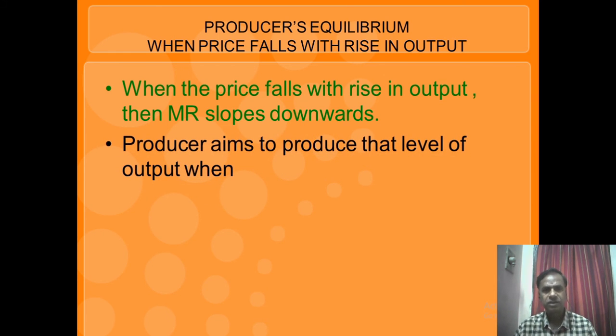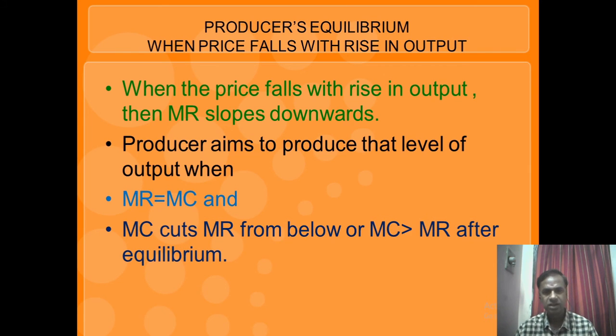When the price falls, MR slopes downwards. When the price is constant, MR is horizontal to the x-axis. The producer aims to produce that level of output. Here also same conditions: MR is equal to MC and MC cuts MR from below.